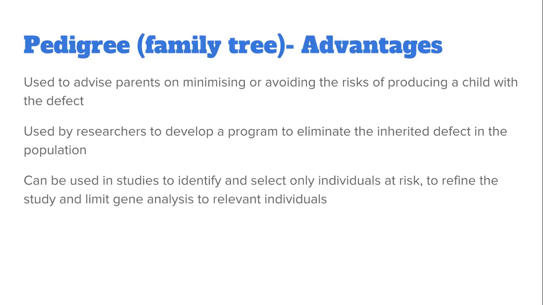Some of the advantages of using a pedigree is that it can be used to advise parents on minimizing or avoiding the risks of producing a child with a defect. It is used by researchers to develop programs to eliminate inherited defects in populations, and it can also be used in studies to identify and select only individuals at risk, to refine the study and limit gene analysis to only relevant individuals.